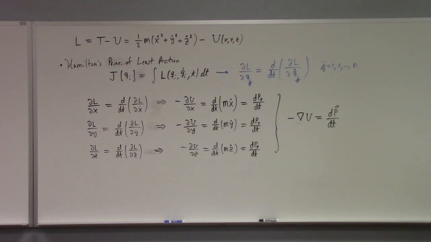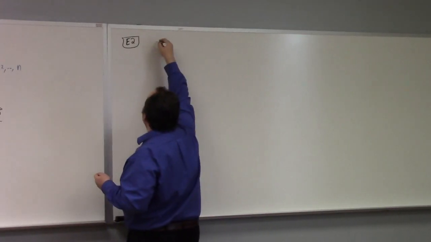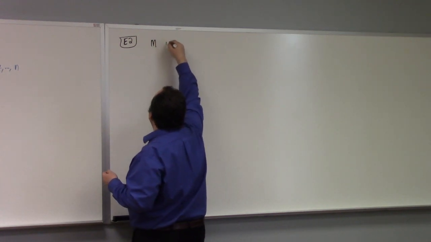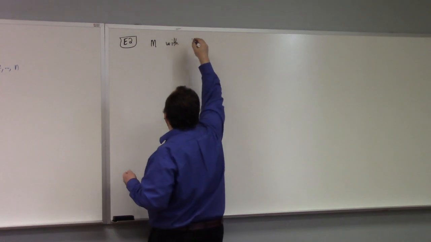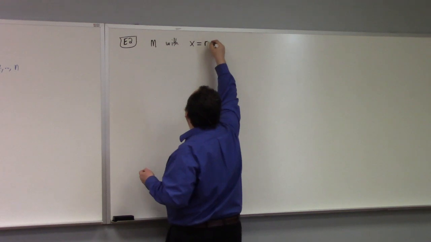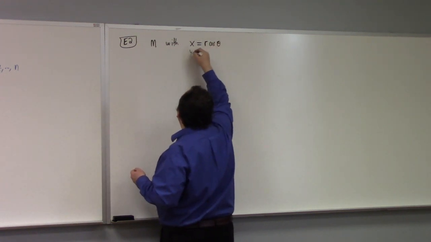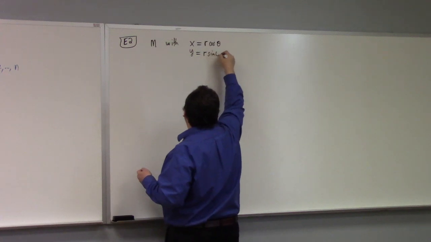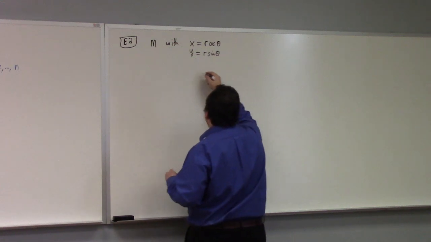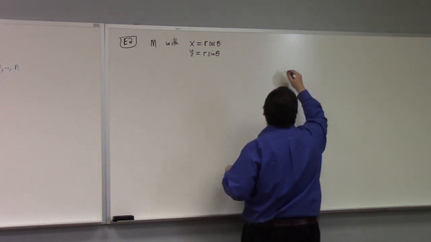So, example 2. What if we had, let us say, a mass with x equals r cosine theta, y equals r sine theta, and let me just make a picture here.